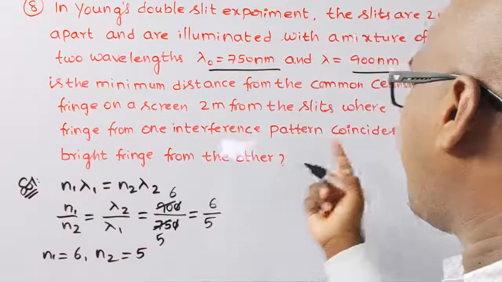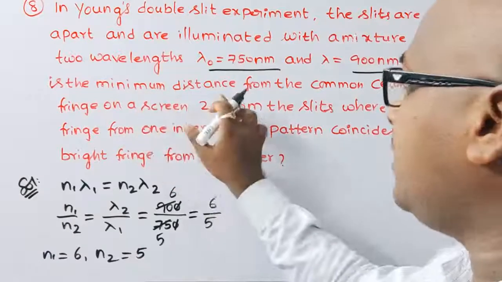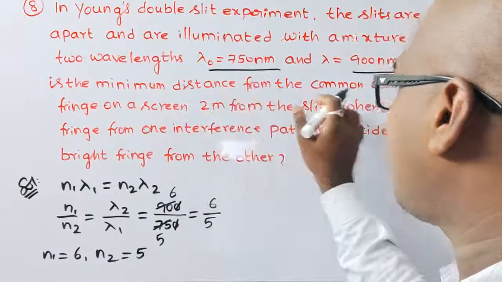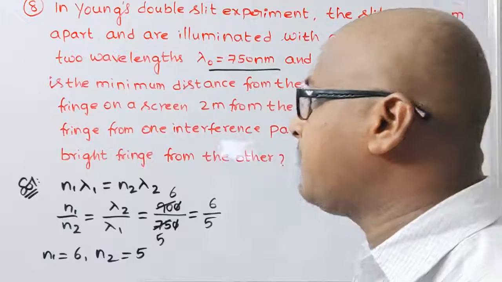Then find the minimum distance from the common central bright fringe.